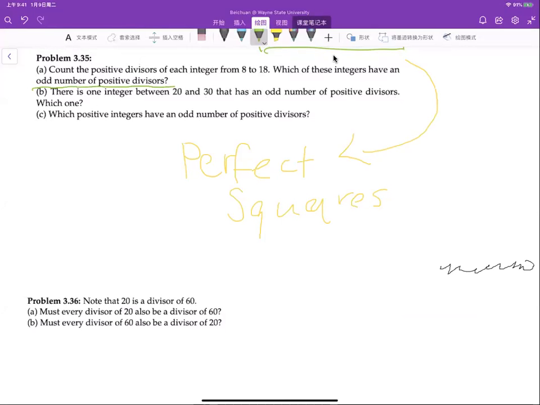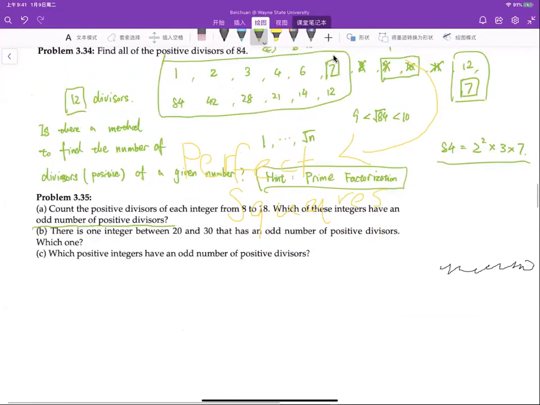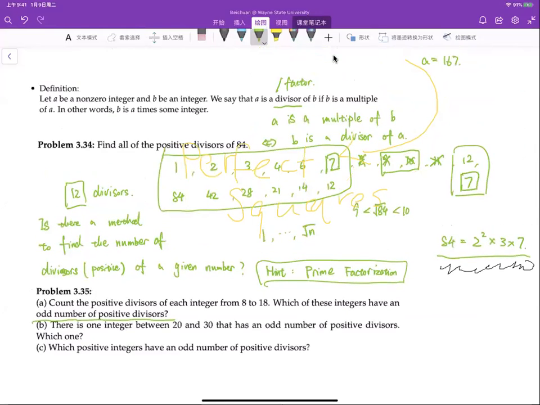So why is it? We can go back to what we did for 84. You can see that usually the divisors appear in pairs. If 1 is a divisor, then 84 is another divisor because their product is 84. So they are a pair. If 2 is a divisor, then 42 is another divisor because their product is equal to 84.